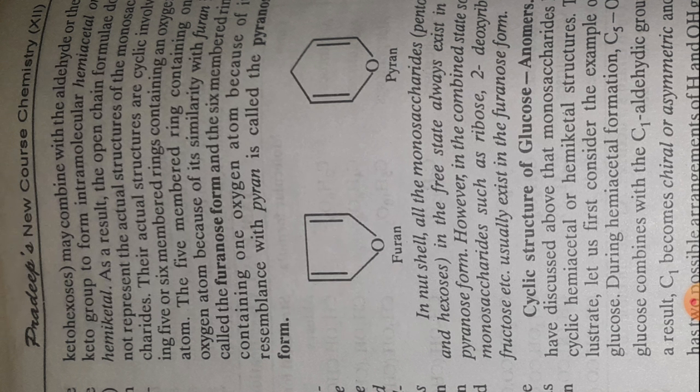Now if we look at the structure of aldopentose, aldohexose, they consist of a number of hydroxy groups. And what is hydroxy? If carbon contains a hydroxy group, it is alcohol.